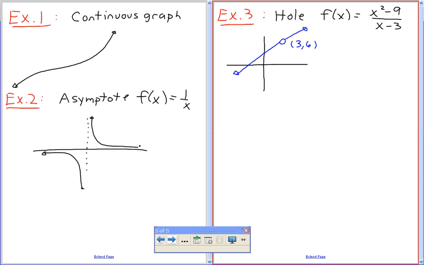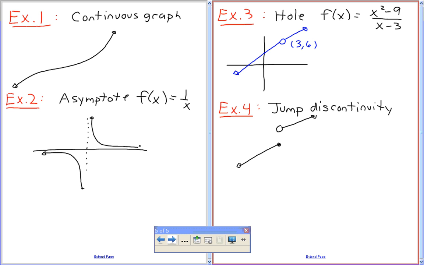Example 4 is called jump discontinuity. Jump discontinuity is something like this.